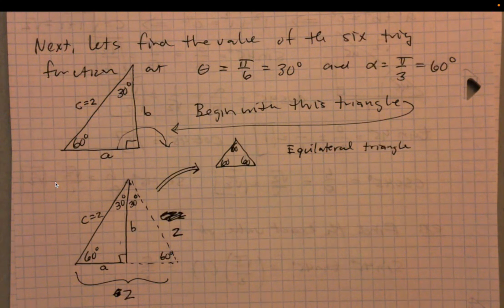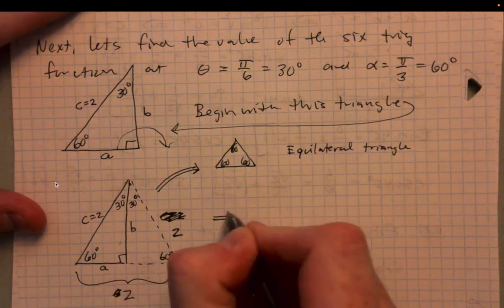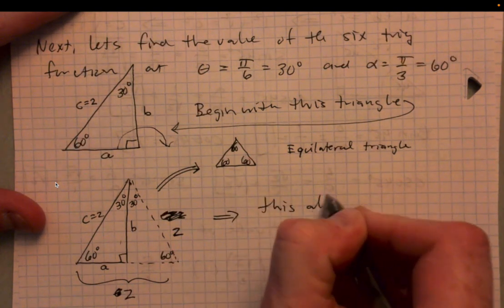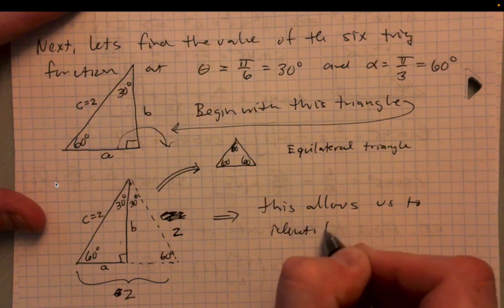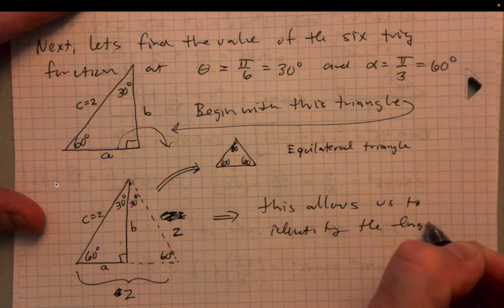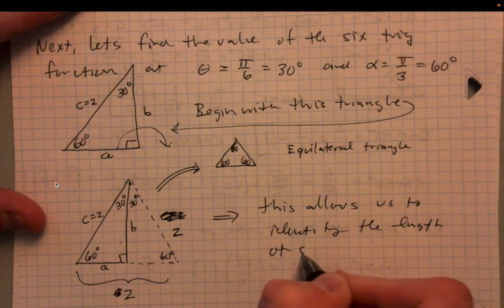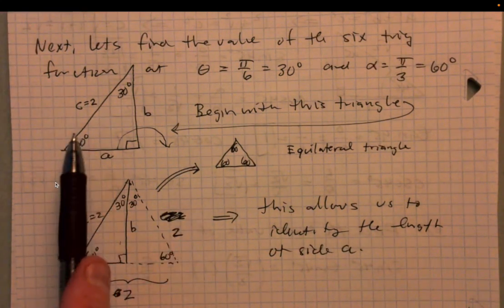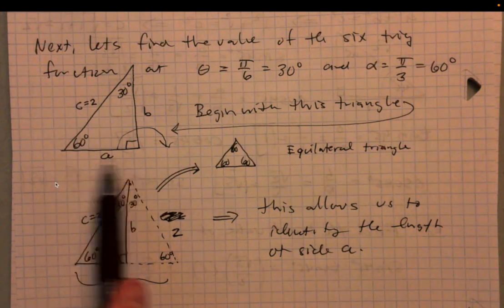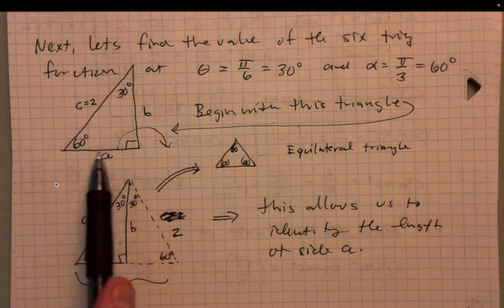And so given this, basically what this allows us to do is to identify the length of side A. Now, in the original triangle, if the hypotenuse is 2, it's not obvious or automatic what A needs to be.